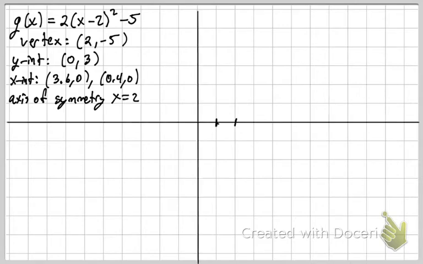Okay, so draw that. Put in your axis of symmetry at 2 as a dotted line. We'll go ahead and put in our vertex at 2 and minus 5. There it is. We got a y-intercept of 0 and 3, so we'll go ahead and put that in there too. And by symmetry, this is 2 units away, so then we'll have its mirror image 2 units in the other direction away.